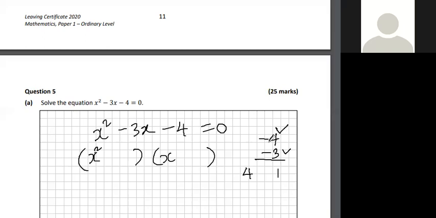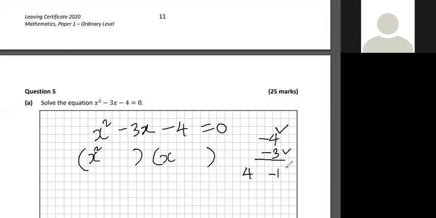Which means one of them has to bear a negative number. And you put the negative number in such a way that when you add them together, you get minus 3. Now let's assume that I put the minus on 1. If you multiply 4 and minus 1, you get minus 4.